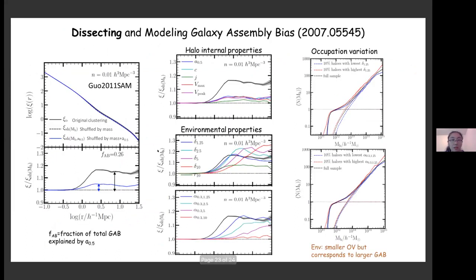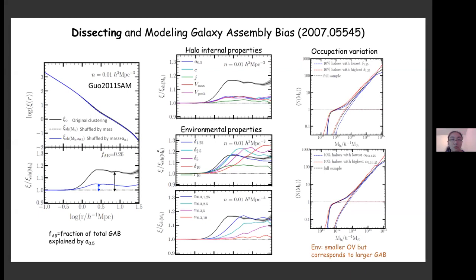We measured this galaxy assembly bias in the same galaxy catalog, and this assembly bias can be measured as the clustering ratio of the original sample to the shuffled sample, which shuffles the galaxies in halos at a fixed halo mass. And this gives the total amount of the galaxy assembly bias in this SAM catalog. And this comes from the contribution of all the secondary halo properties.